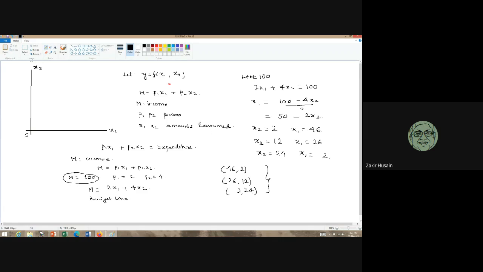Okay, so if you put in these values into the equation, we are going to get the same value of M. Accept that if you plug in these three values, and there are also other values, we are going to get the same value of M. And we can represent this in terms of a linear function, so this will be the equation.